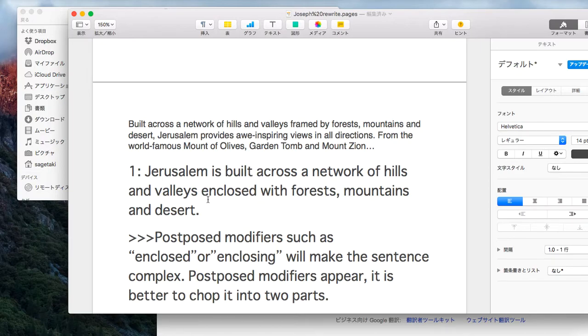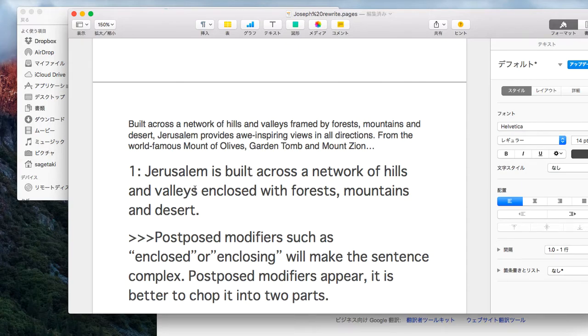When we look at the structure of this sentence, Jerusalem built across a network of hills and valleys. So a network and hills and valleys. This is a modified noun. What is modifying this? What follows, enclosed with forests, mountains, deserts.